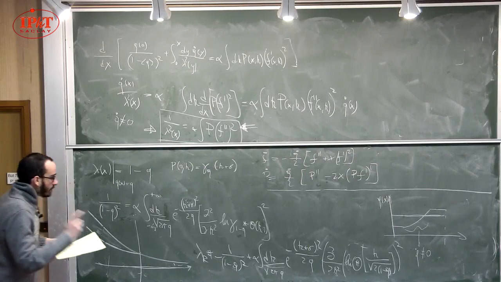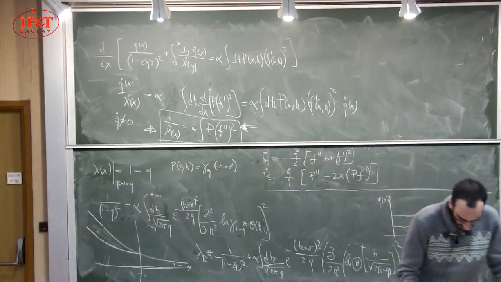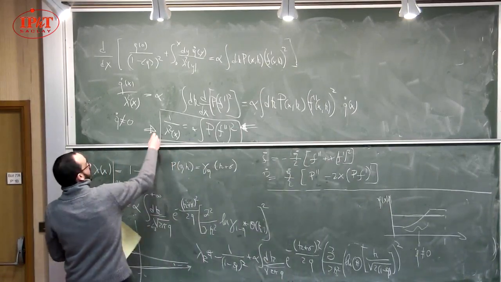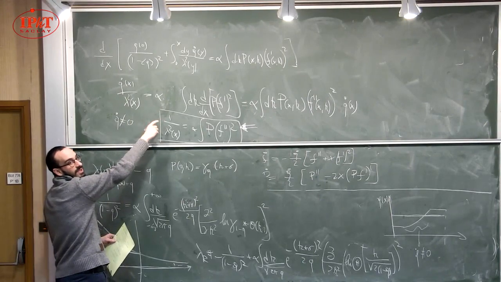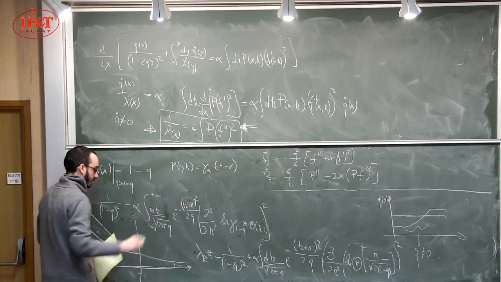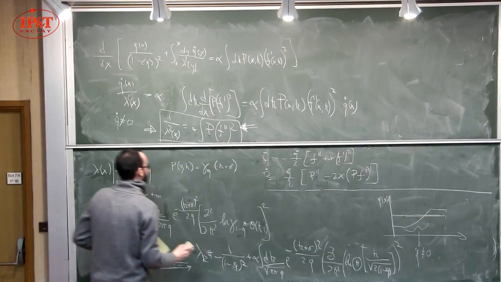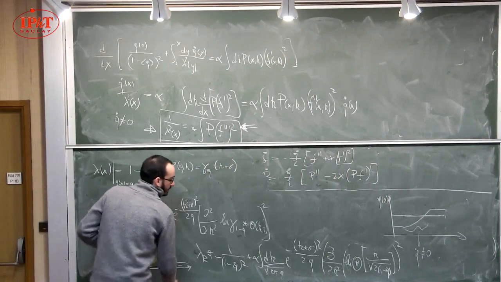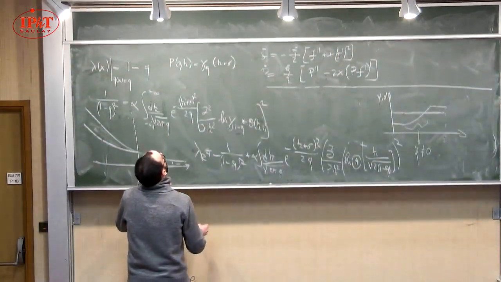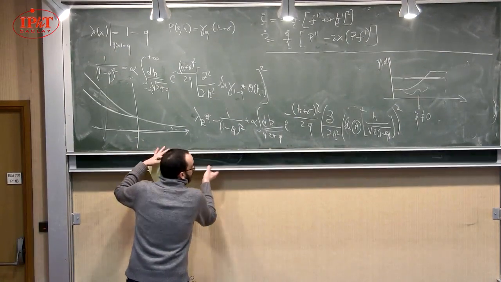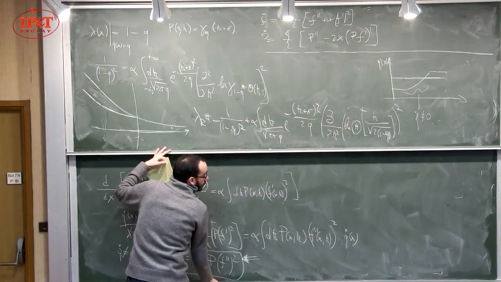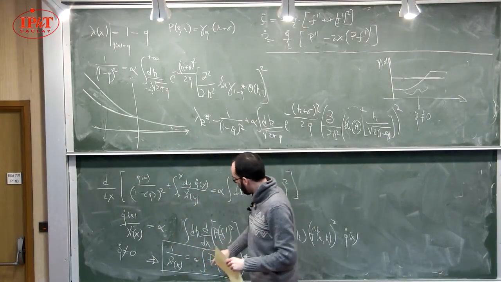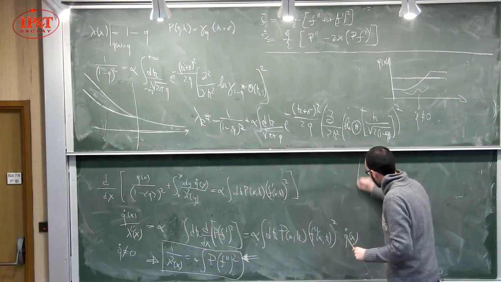Okay. So the last thing that I would like to tell you is that you can play this game again. So you take this equation and you take again a derivative with respect to x. And the equation that you get, if you take the derivative of this, is the following.